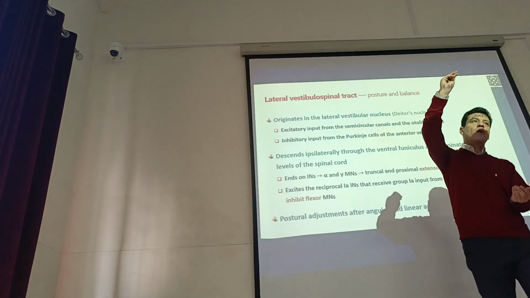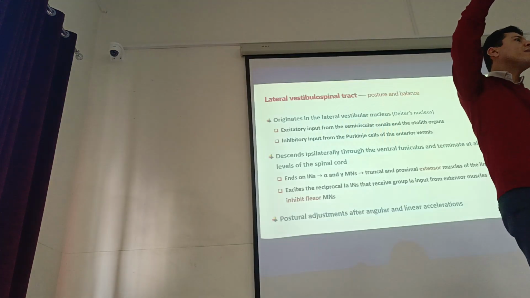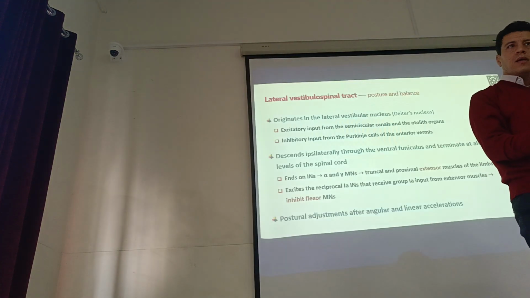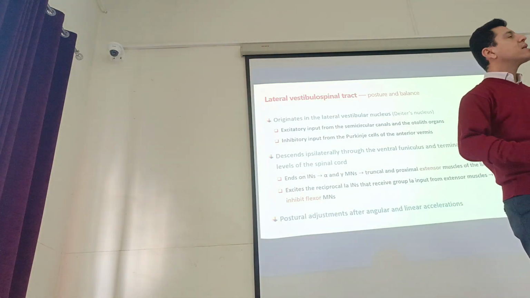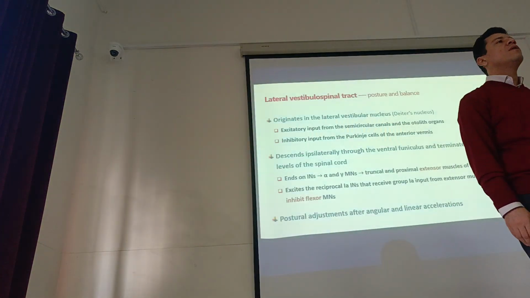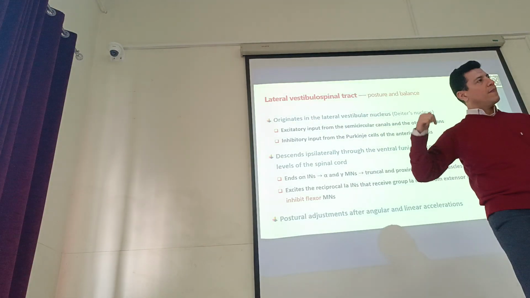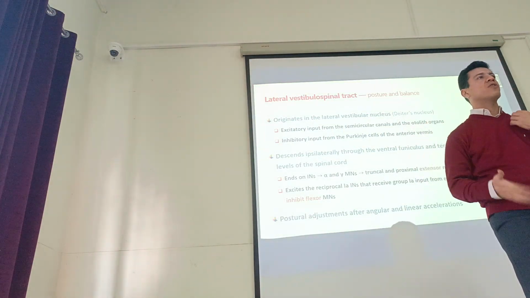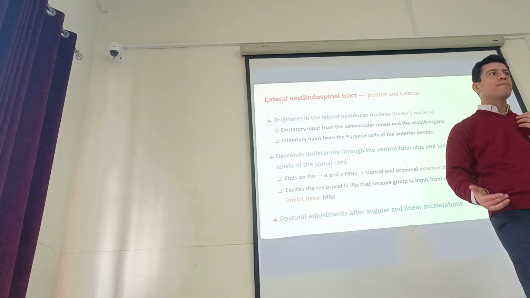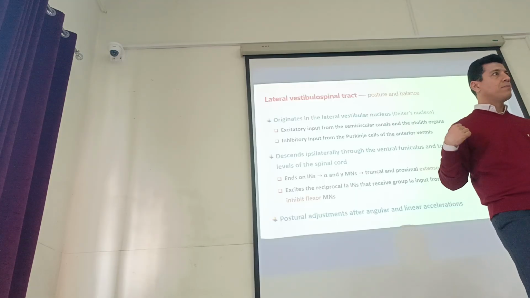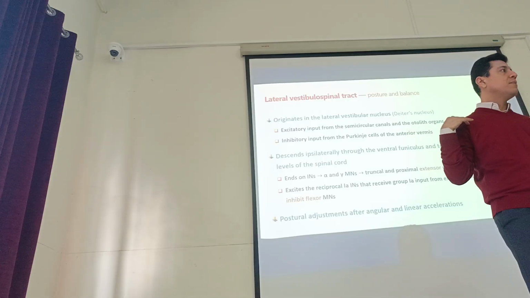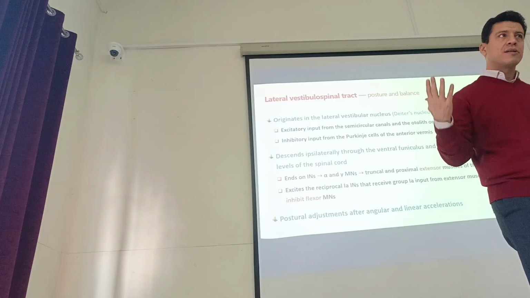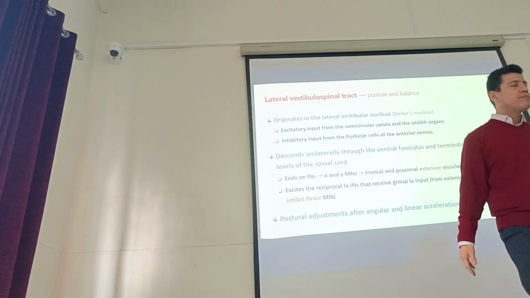Vestibular nuclei are origin of the vestibulospinal tract. They are connected to the muscles, right? So they cause contraction of the muscle. So when we go out of balance, this system is activated, causes contraction of the muscles. Which muscles? Anti-gravity muscles, proximal muscles, axial muscles. Because of the contraction, body position comes back to the balanced state, right?